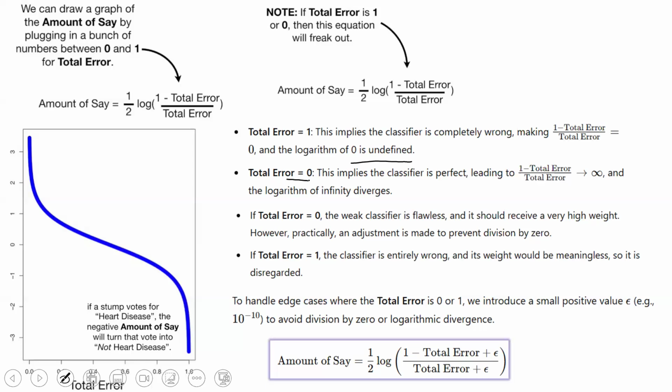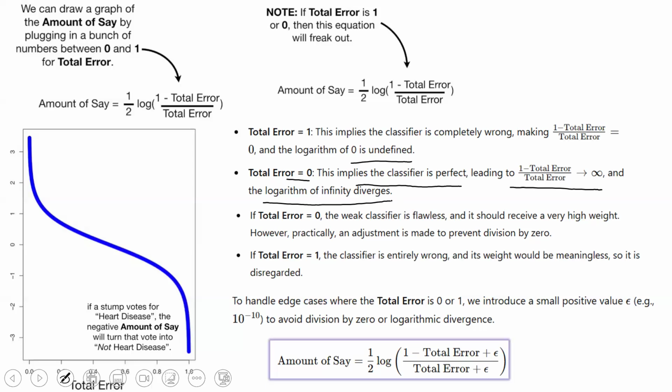When total error is equal to 0, the classifier is doing a perfect job, and so this leads to infinity and logarithm of infinity diverges. When total error is equal to 0, the weak classifier is flawless and it should receive a very high weight. However, practically an adjustment is made to prevent division by 0.